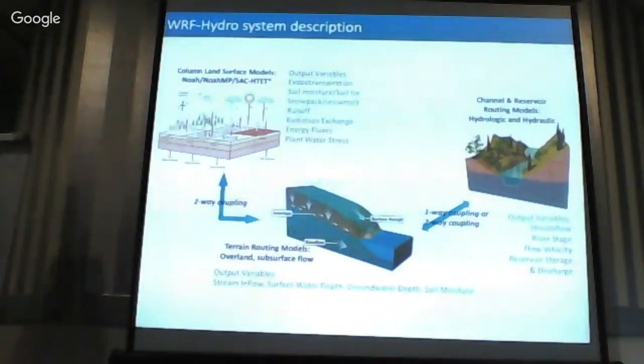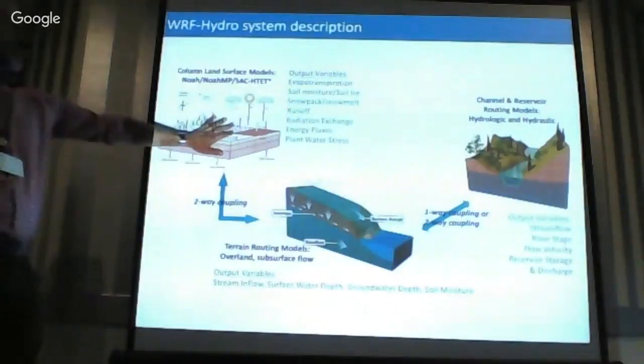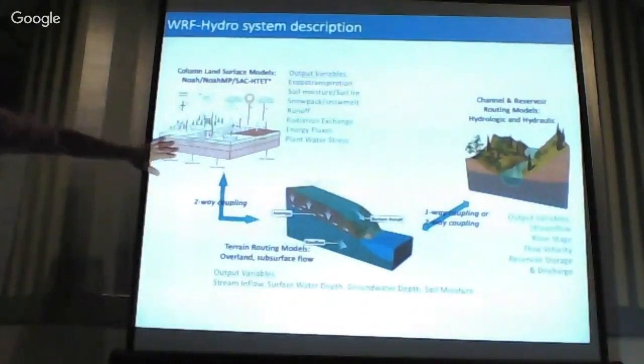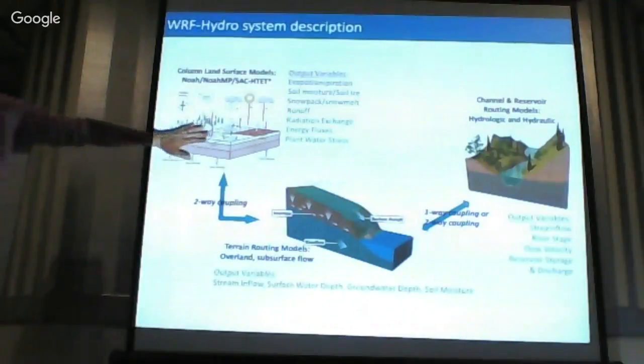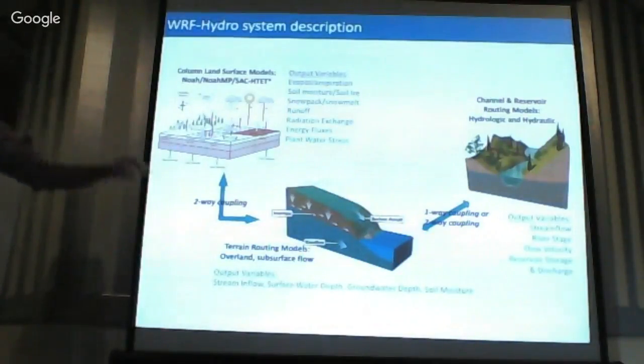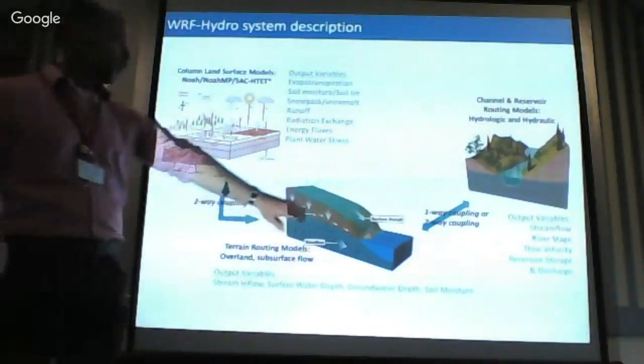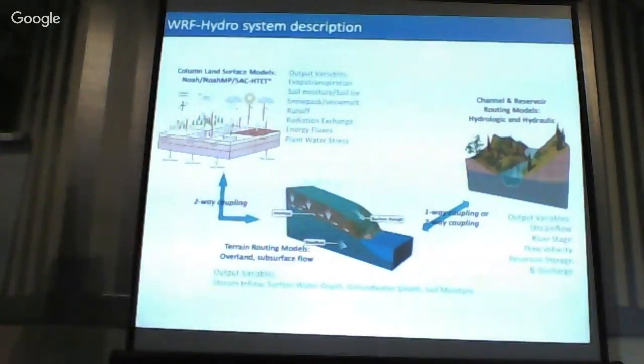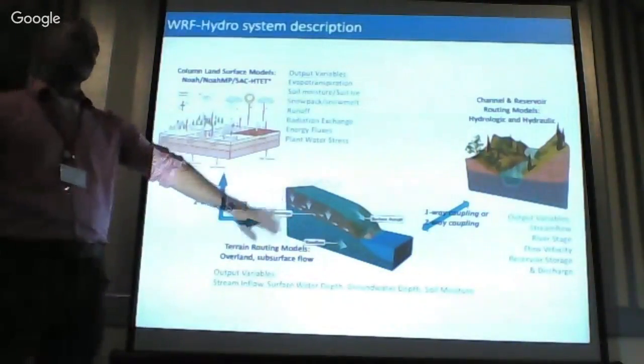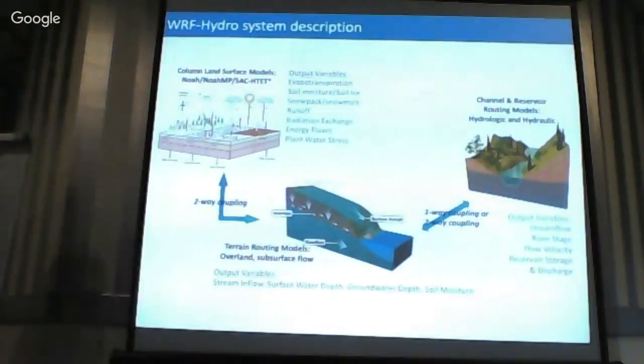The reason for that is most of the high resolution atmospheric models we're running these days still have resolutions on the scale of kilometers, a few kilometers, maybe 3 kilometers, maybe a little bit higher. And really to effectively resolve terrain slopes, which provide the energy forcing for moving water around on top of the land surface and through the subsurface, we need to be much higher resolution, really down at tens to hundreds of meters of scale.